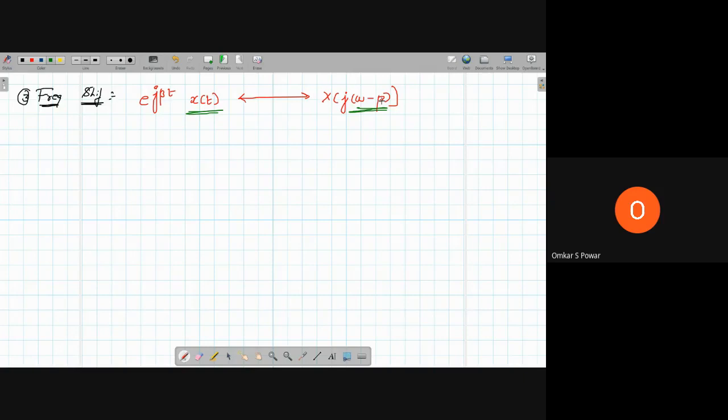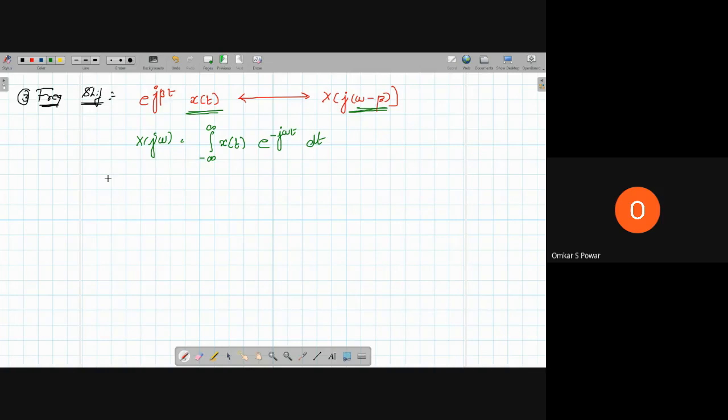So let us prove this one. Now we know that X of j omega is equal to integral from minus infinity to infinity x of t e power minus j omega t dt. So this is our x of t. Similarly, what is our y of t?